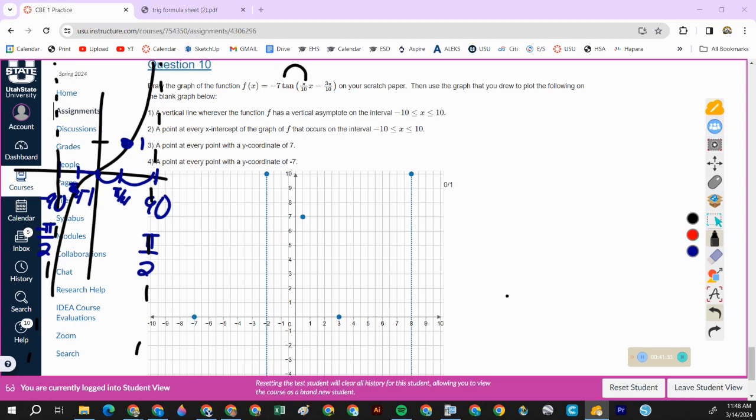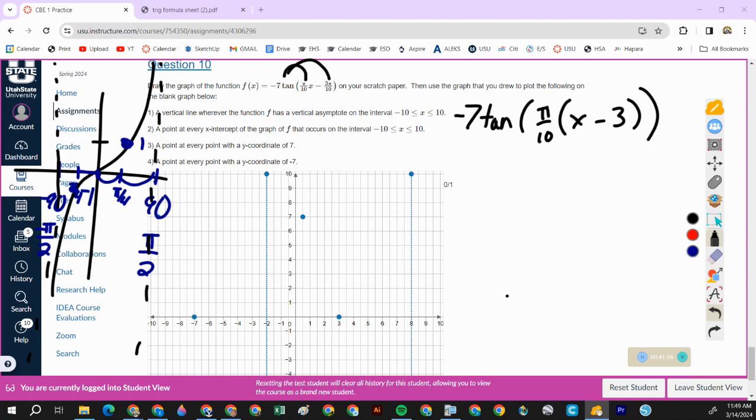So I need to pull out pi over 10. So negative 7 tangent of pi over 10 times x minus something. If I pull out a pi over 10, it's going to be x minus 3. You get that?